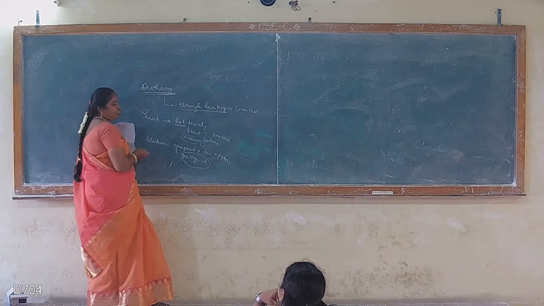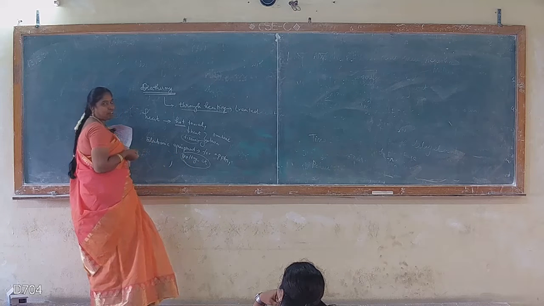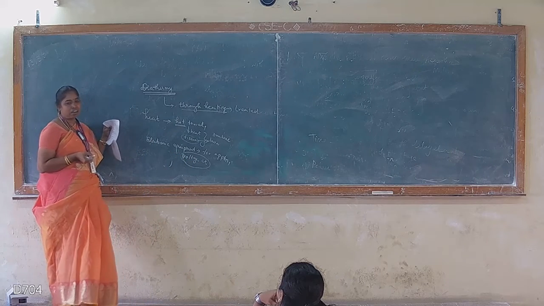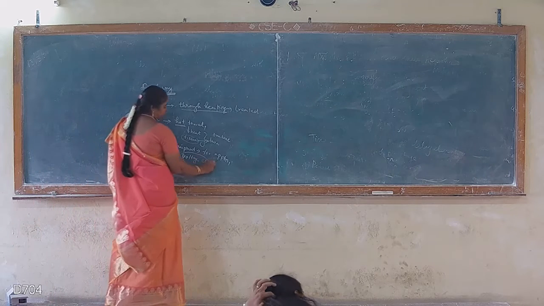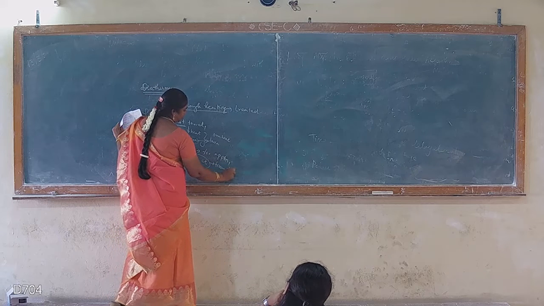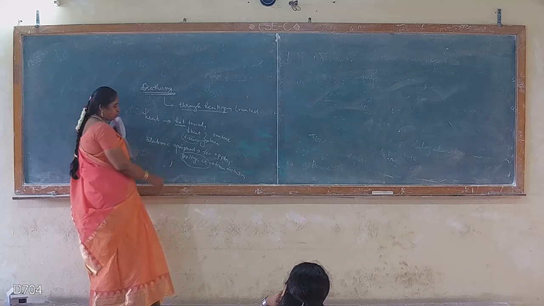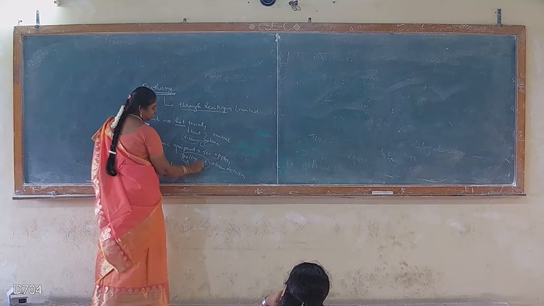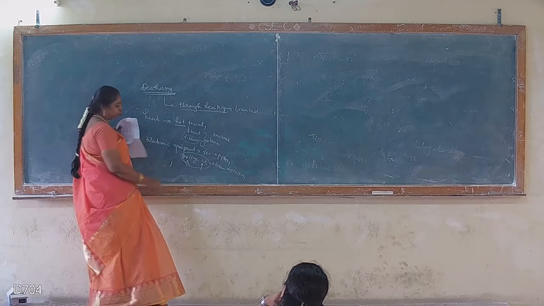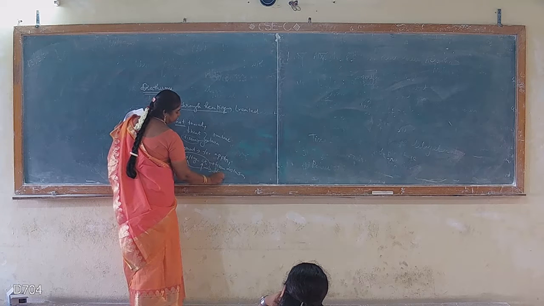But when we apply a voltage and current straight away to the human body, what will happen? There will be tissue destruction. The tissue may get damaged, or when we apply a certain voltage and current to the human body, it can act like a stimulus.